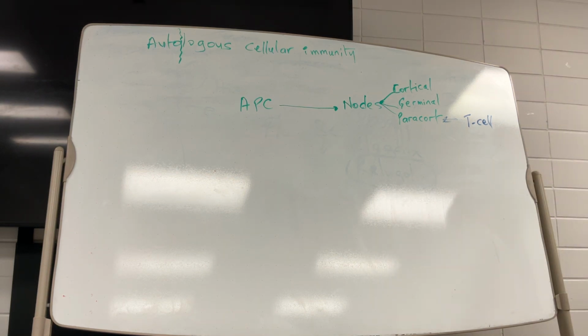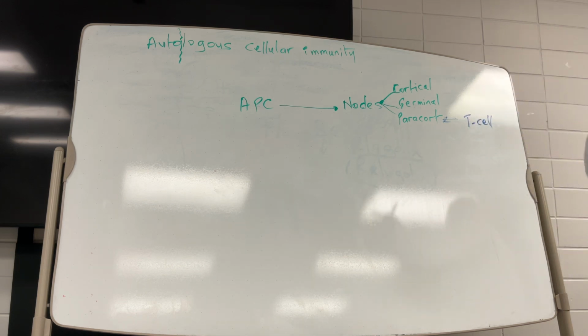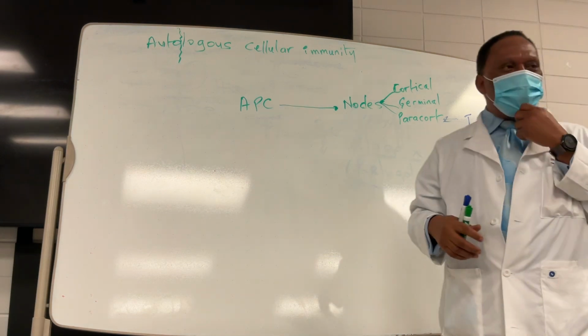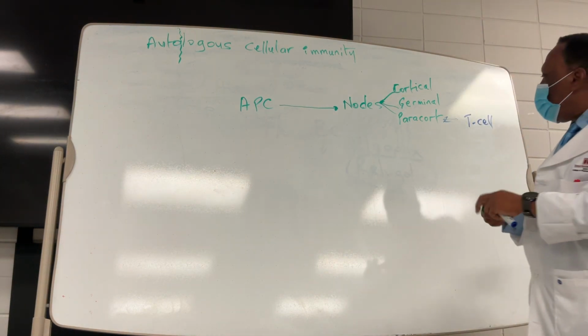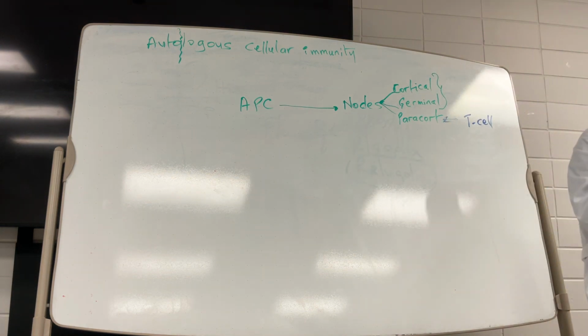If it's cancer related, what part of the immune system fights off cancer? Your T cells. So that's where we take it, to the paracortical segment of your lymph nodes. If, for instance, it were a bacterium, that requires B cell activity. So your cortical and germinal segments of the lymph nodes, that's where your B cells will be.